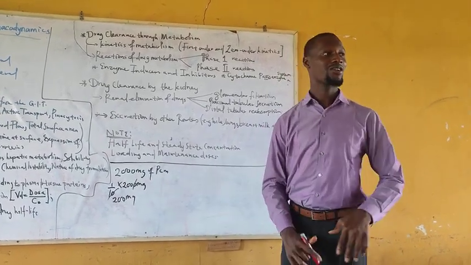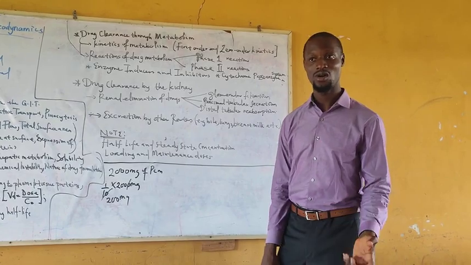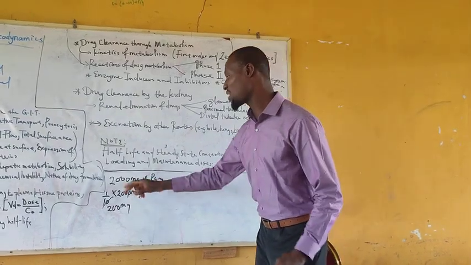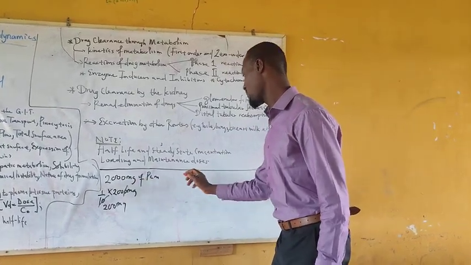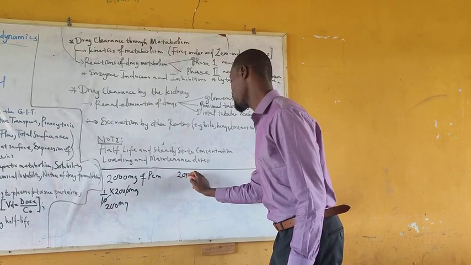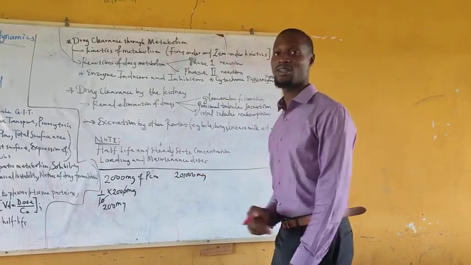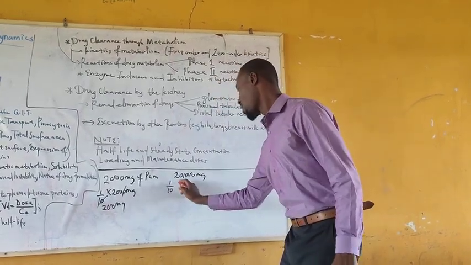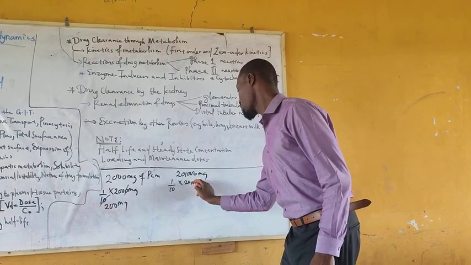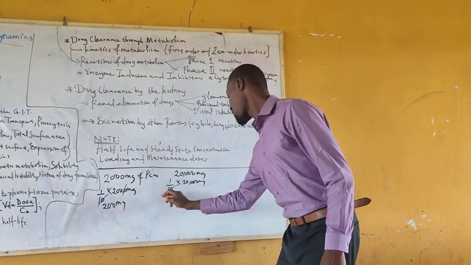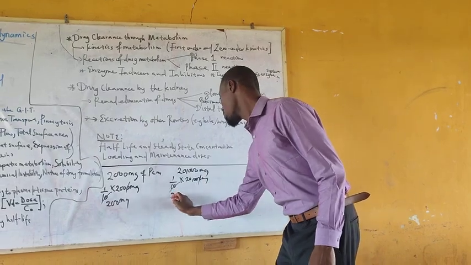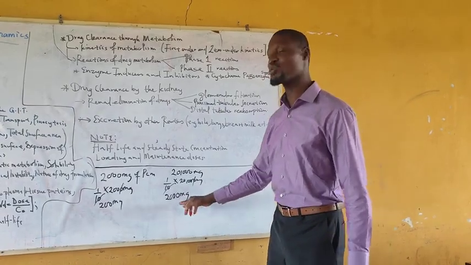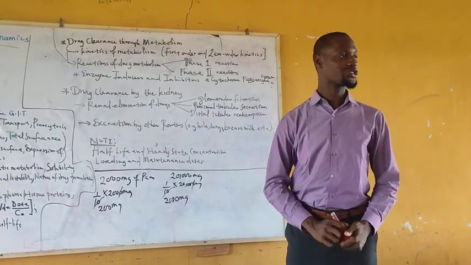Simply, a constant fraction of that drug is metabolized. Now imagine if the dose we gave was actually 20,000 milligrams of that drug, and we see what 10% of this is. By the time we take 10% out of this, what the liver would remove will be 2,000 milligrams of that drug.